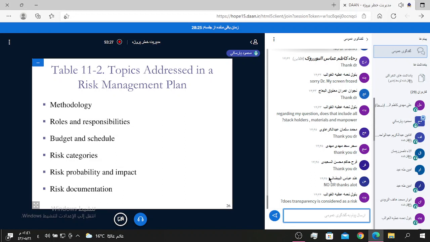Mr. Engineer Batul Namati asked what transparency means. Transparency about the project scope, for example, the details of the project scope, or the project management plan. Transparency, I think, is a method for identifying some risks. Transparency of the documents of our project.